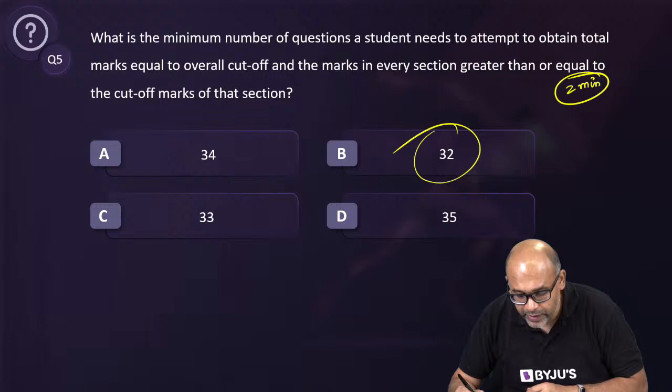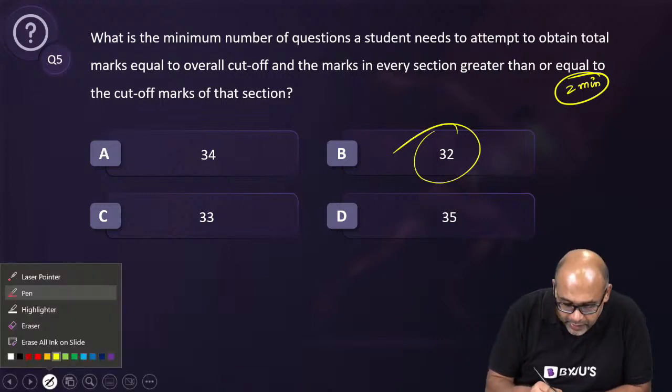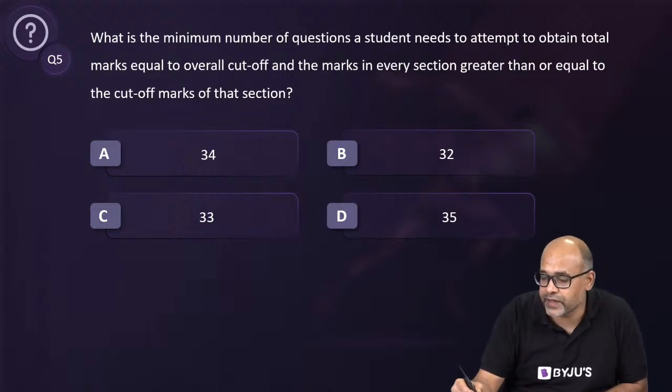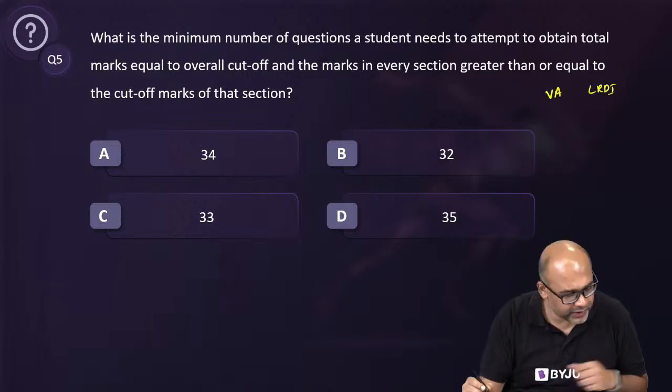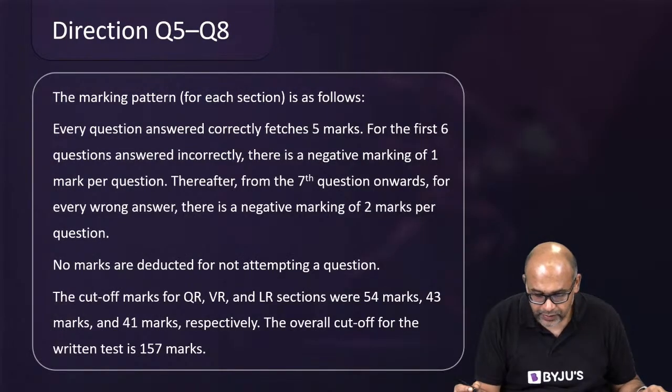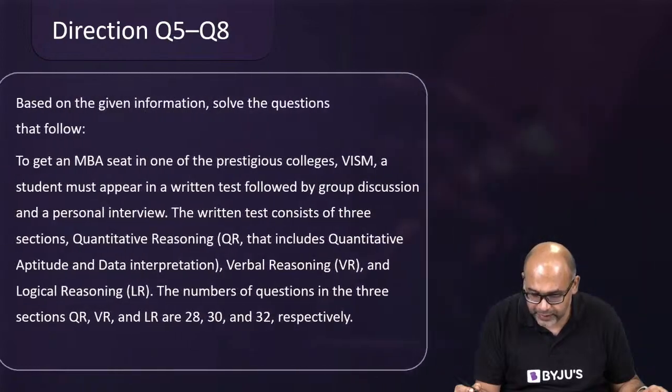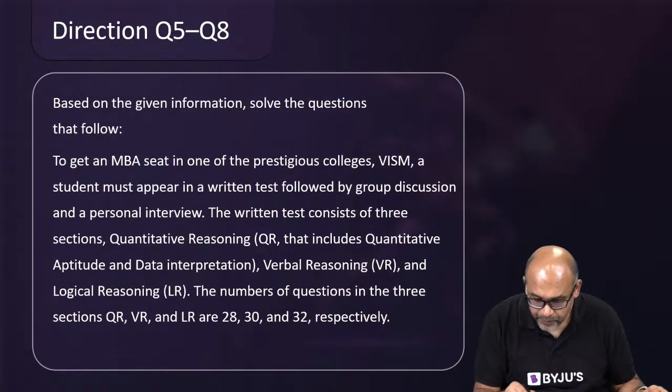Okay guys, so let's take a look at the question. What is happening here? Firstly, what is the information with us? We have three sections: first is quant, next is verbal, and third is logic.